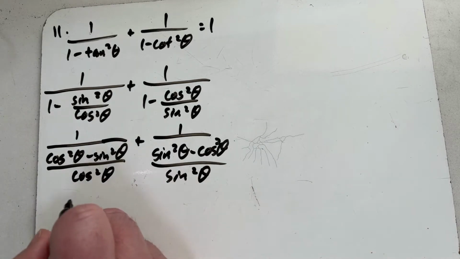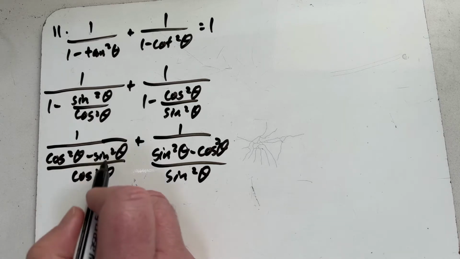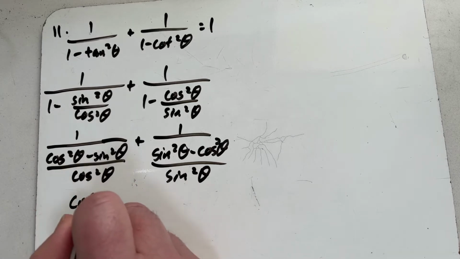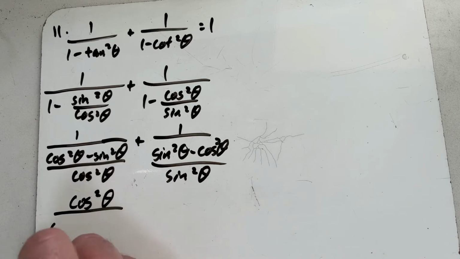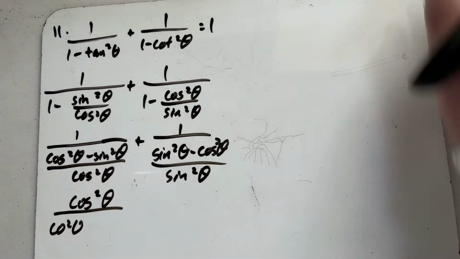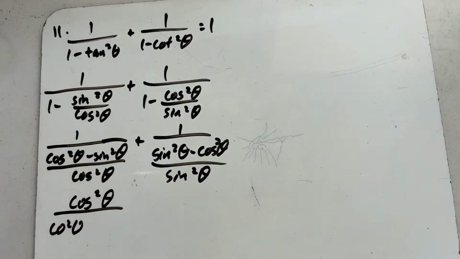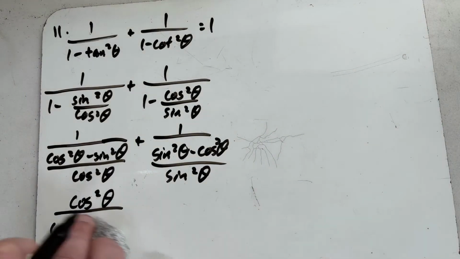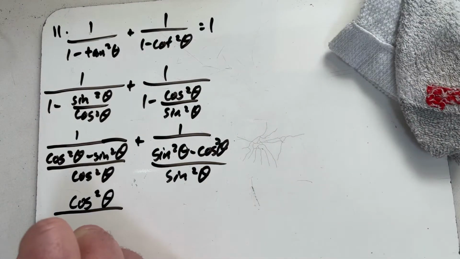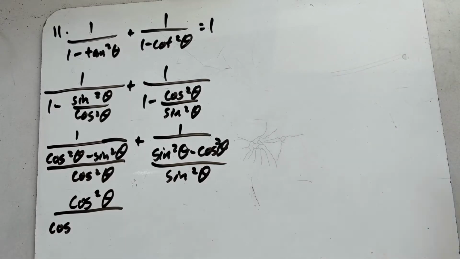So I'm going to have 1 times the reciprocal of this, which is going to give me cosine squared over cosine squared minus sine squared.